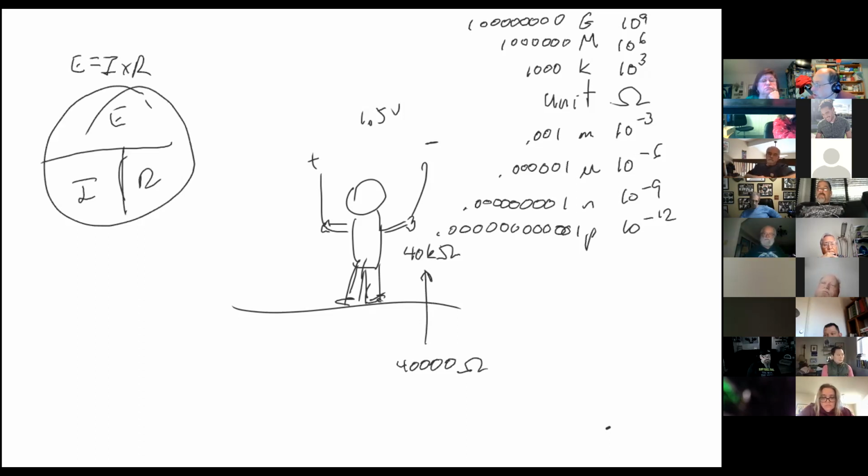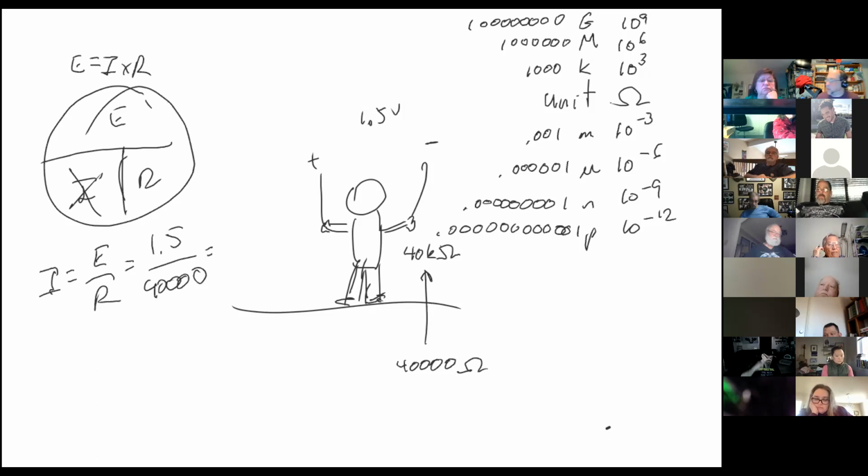And we don't know our current. So I is equal to E divided by R, which is 1.5 divided by 40,000, which is equal to, I have to grab my calculator for this. Let's see, 2.5, 3.75.